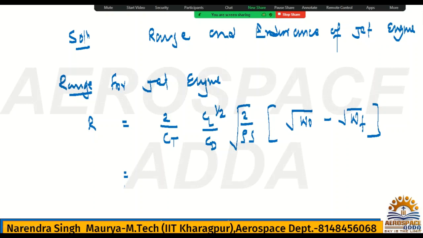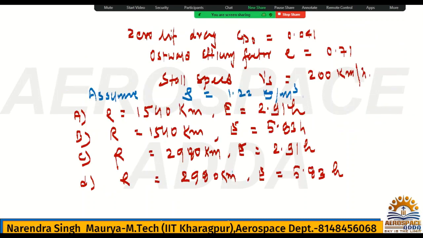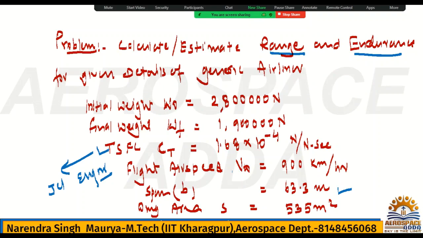How to calculate? All the data is given to you. What is CL? CL is nothing but 2W divided by rho S V square. What is W? Initial weight, 28 into 10 to the power 5.